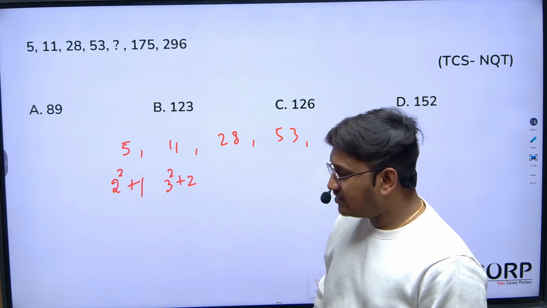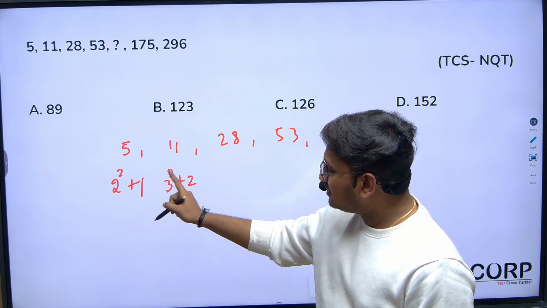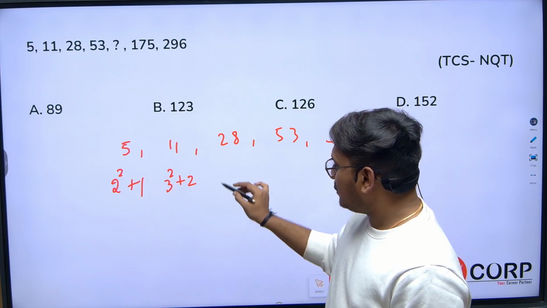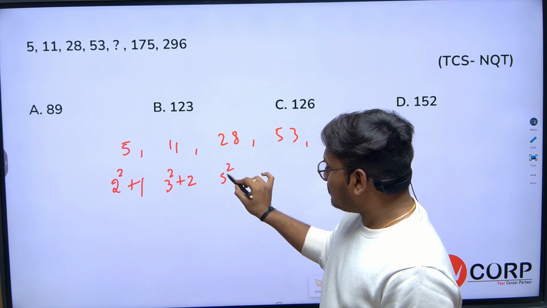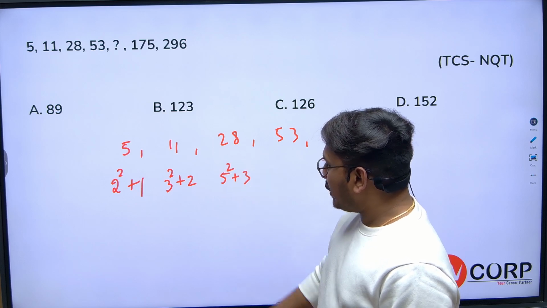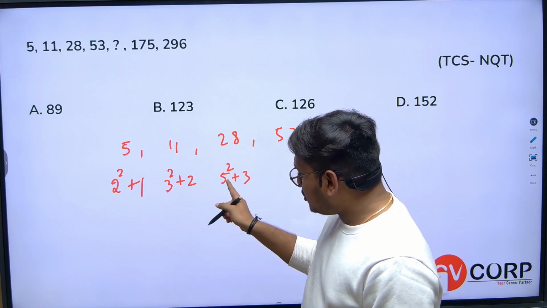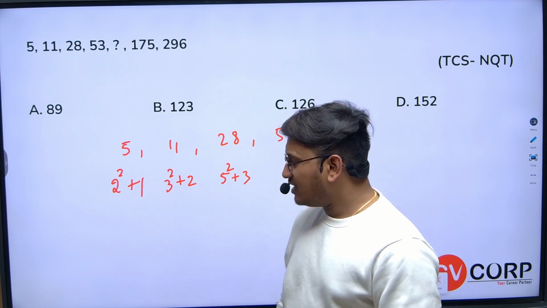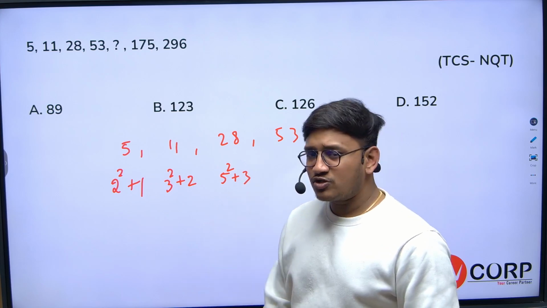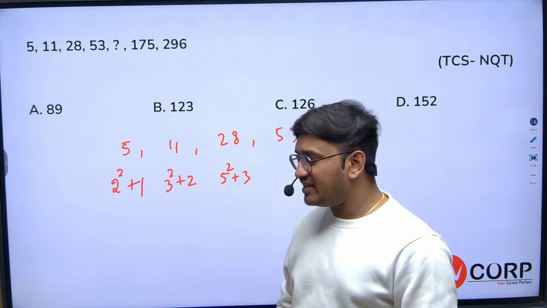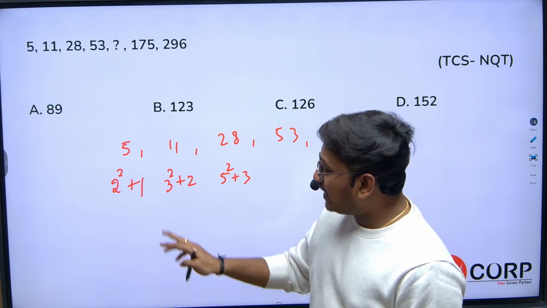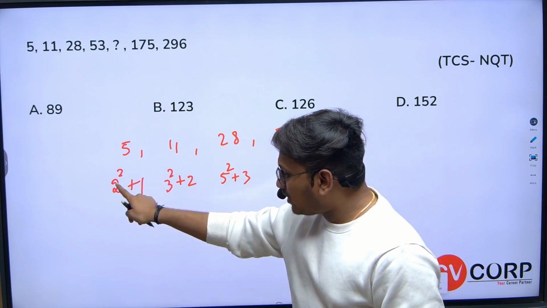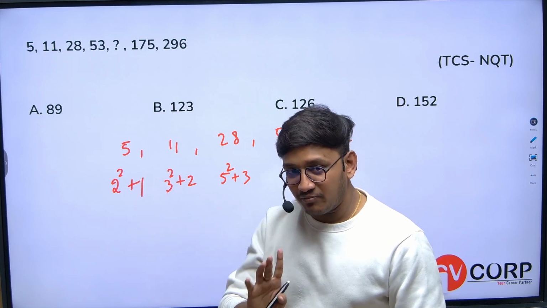Did you get the pattern here? 2 square plus 1, 3 square plus 2. Next, 5 square plus 3. You might be thinking, sir, after 2, 3, you should take 4 square, right? But if I take 4 square, 4 square is 16, 16 plus 3 is 19, it is not 28. So the logic here is squares with addition, but only with prime numbers.